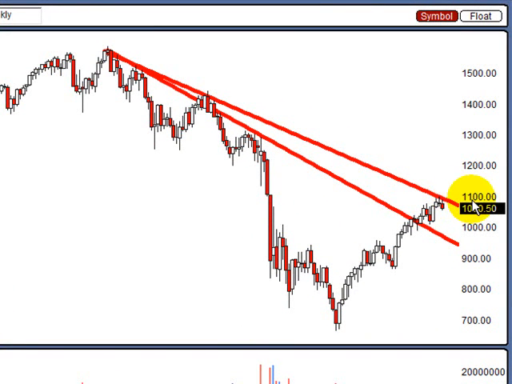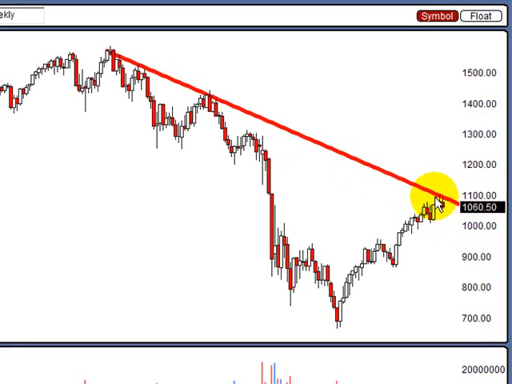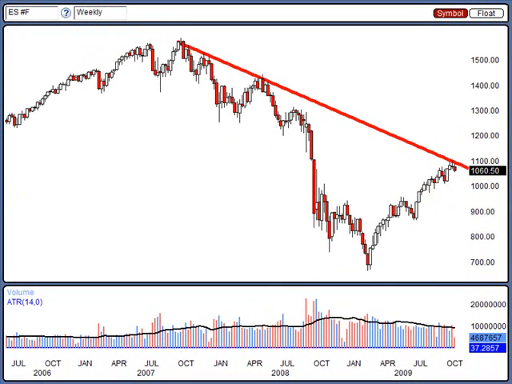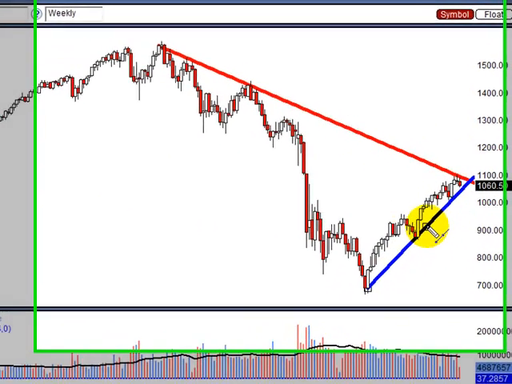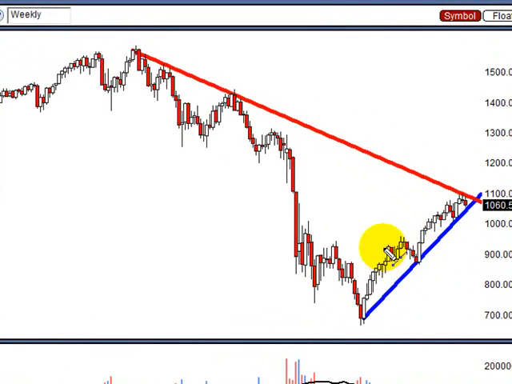Now we're seeing the futures here trading at 1100, and on the Spider it's 110. So we're seeing this potential big fat number out here as a resistance zone. And there's a pattern here that a lot of traders would say, hey, watch out, we've got a rising wedge. I can draw that rising wedge for you.